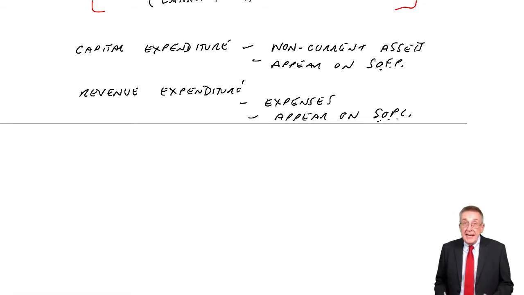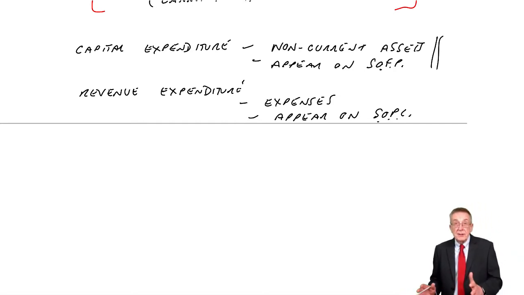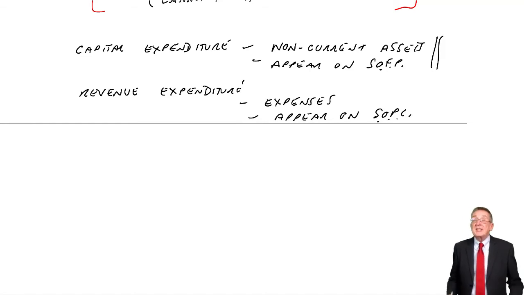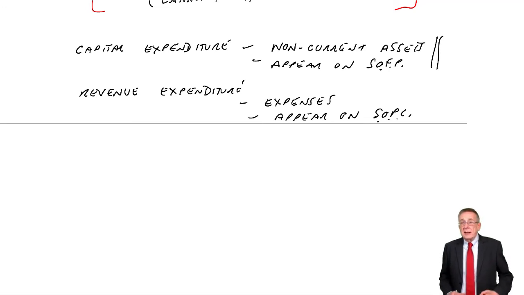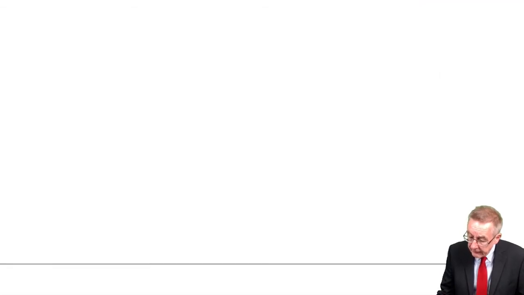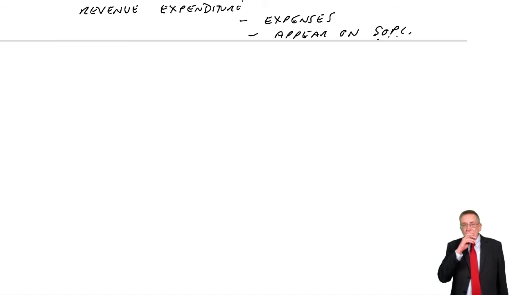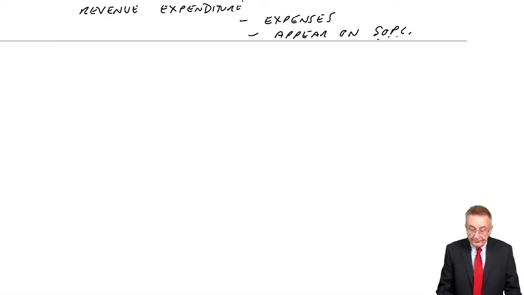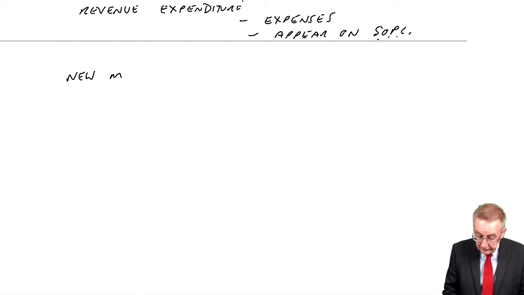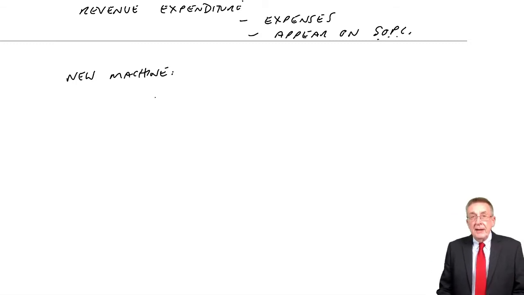However, remember it's tangible non-current assets that we're concerned about for this lecture. The reason I mention it here is there are occasions when you have to be very, very careful. For instance, I'll give you the rule after, but suppose I buy a new machine, and I get the invoice, but the invoice is as follows.